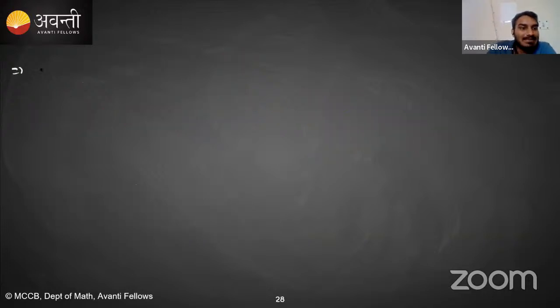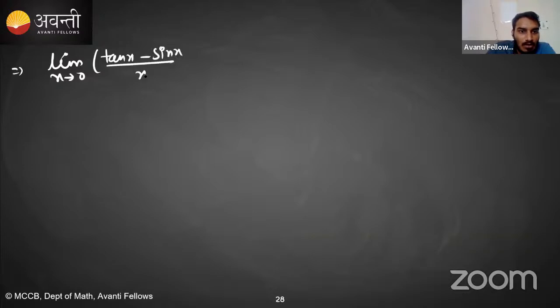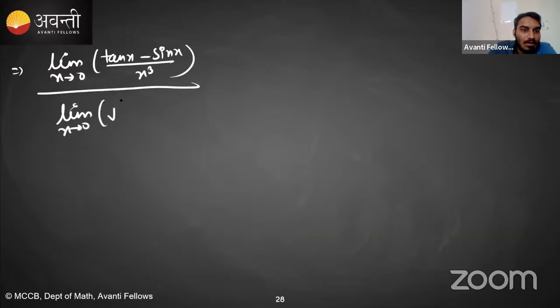So this can be written as limit x tending towards 0 of tan x minus sin x upon x cube, divided by limit x tending towards 0 of under root of 1 plus tan x plus under root of 1 plus sin x. Can we write it like this or not?